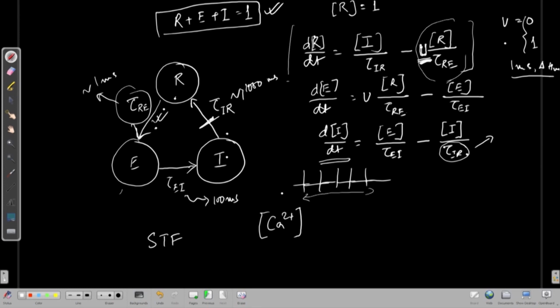There is one more aspect here where we can have this R broken up into two pools, and that has its own consequences as well, where R1 is the recovered pool, and then we can have another state that is a readily releasable pool, the ones that are readily releasable, that goes into the effective state.